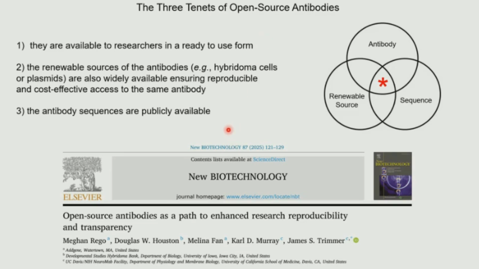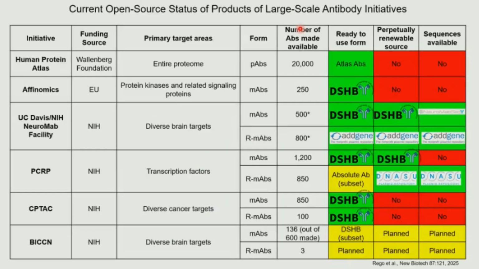There's also the renewable source of the antibodies, and whether that's the hybridoma cell, the sequenced hybridoma cell, or the plasmid, and really to ensure reproducibility and cost effectiveness. And then the antibody sequences are publicly available. And as I said, we just published a paper a few months ago, collaborators from DSHB and Addgene discussing this and encouraging people to really try to get to this sweet spot of the tenets of these open source antibodies.